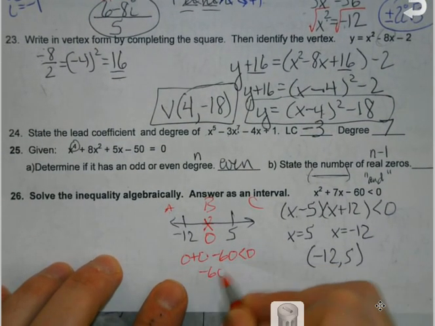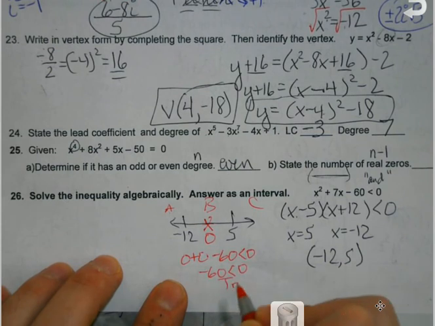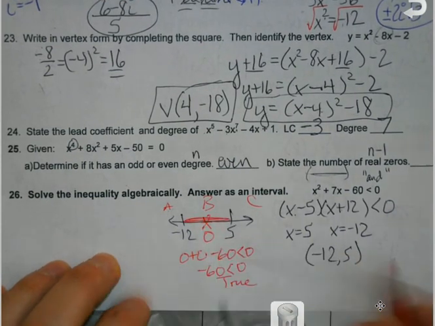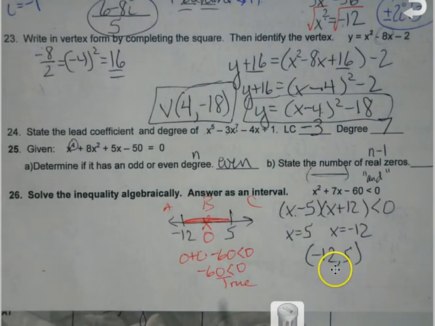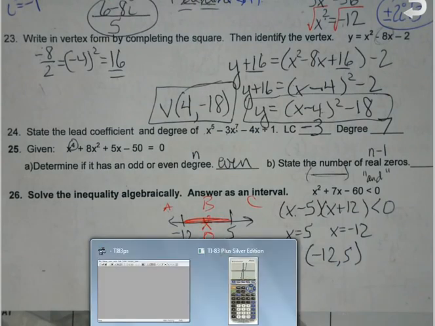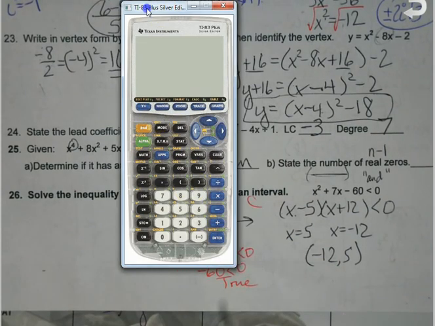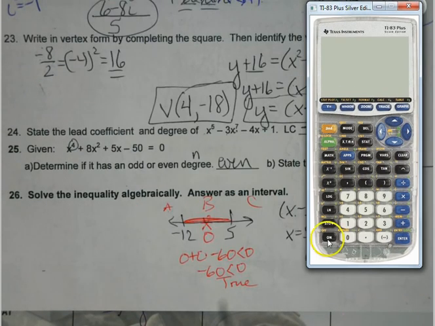Is negative 60 less than 0? It sure is. And that's where this comes from. And as some of you are strolling out on me here, I'm going to try to show you our picture of this. If not, it can be like a special flash feature later that you check out.